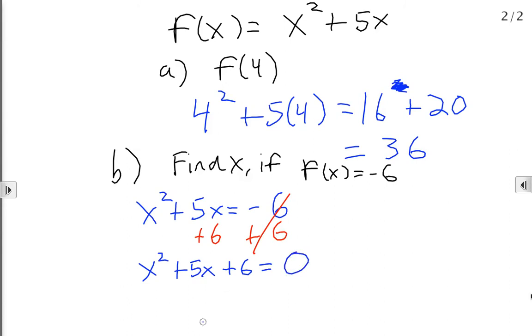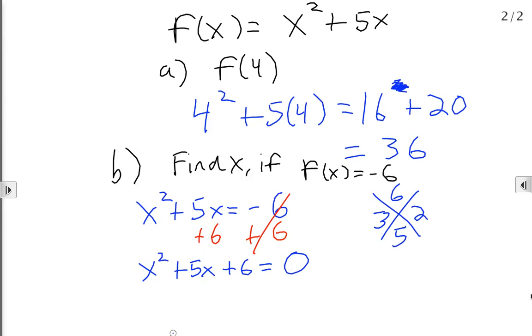All right, now we have an a, b, and c term, and we can go ahead and factor using the diamond. B is for bottom, so it's going to add up to 5, and a times c in this case is 6. So we just have 3 and 2. 3 times 2 is 6, 3 plus 2 is 5.